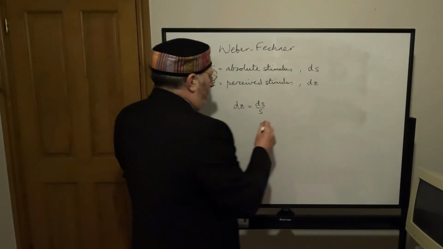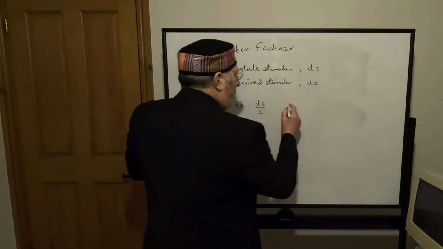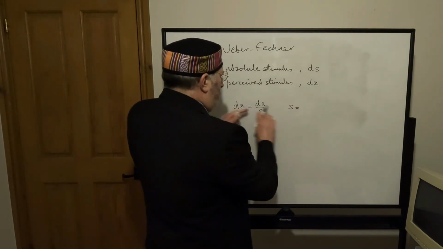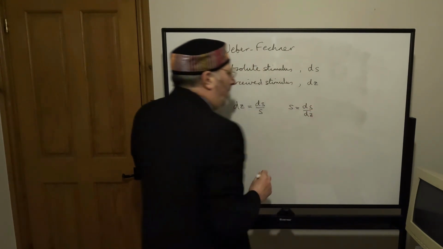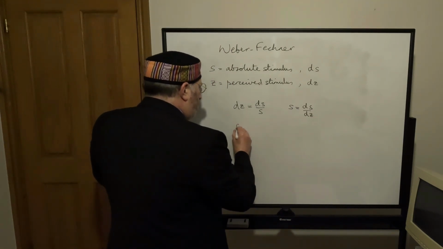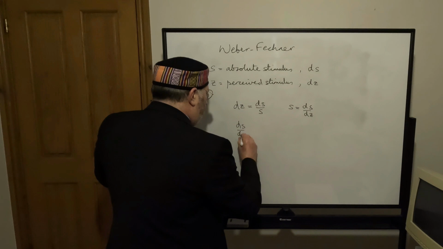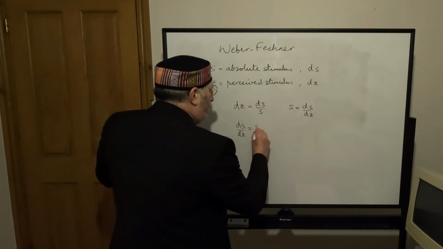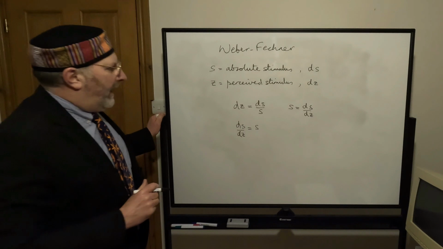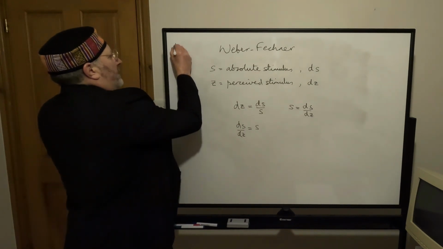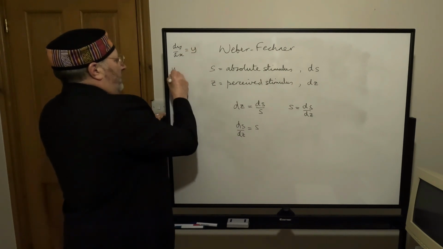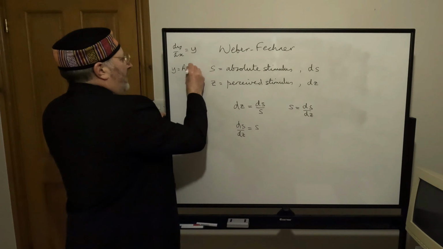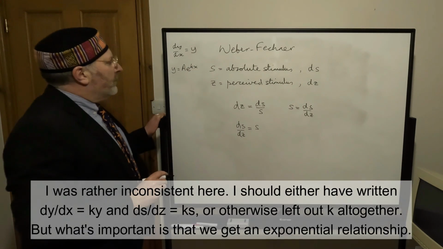So we can rearrange this. We can put the S up there and take the dz down to the other side, which gives S equals ds by dz, or in other words, ds by dz equals S. And we should recognize that this is like dy by dx equals y, which we know has solutions y equals ae to the kx.